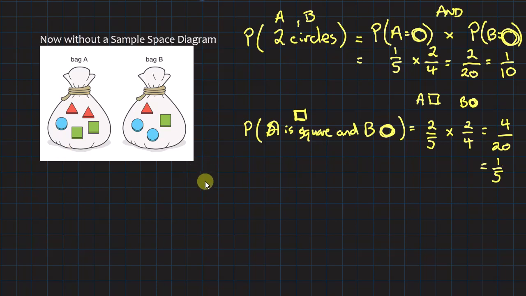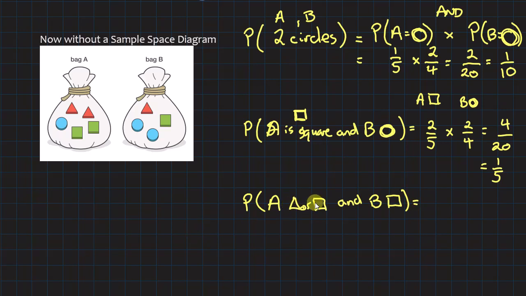Probability of A being a triangle. Oh no, we'll do one more after this as well. Probability of A is a triangle or a square, and B being just a square.